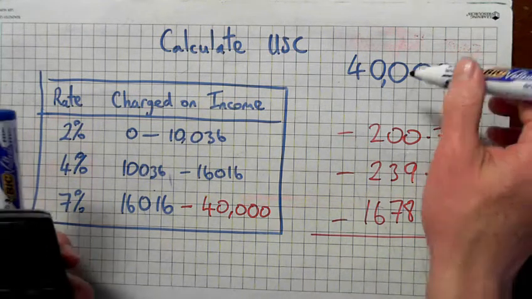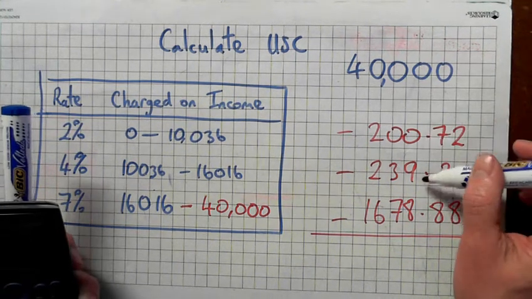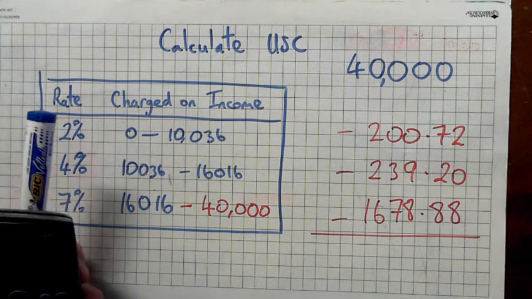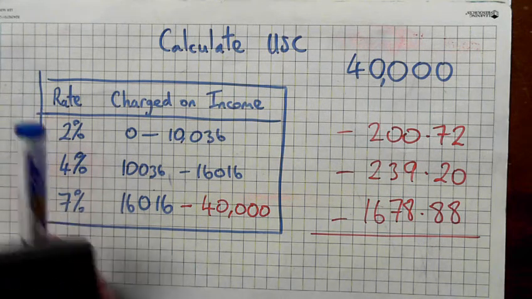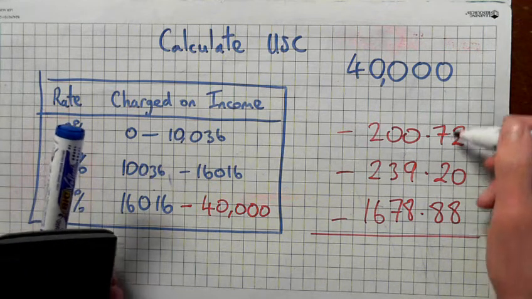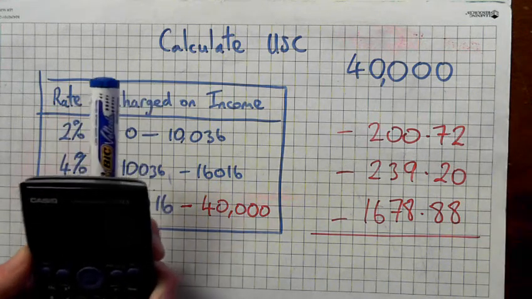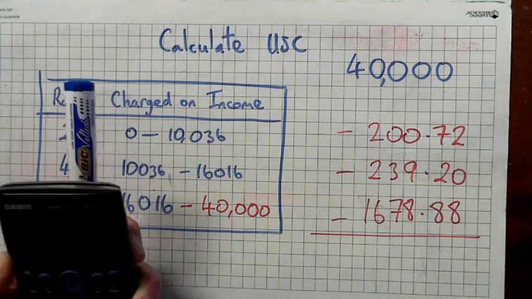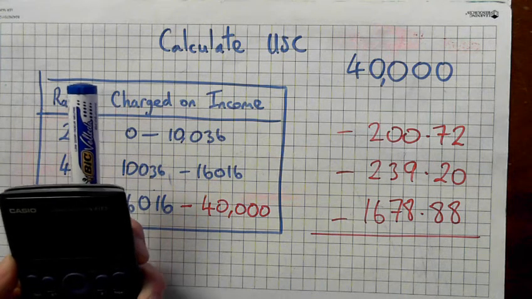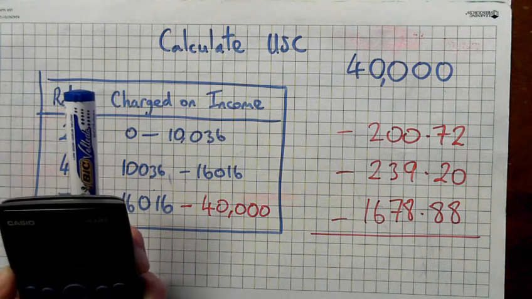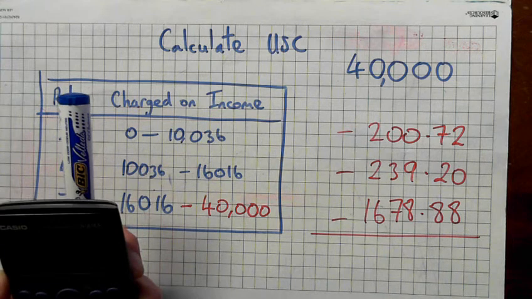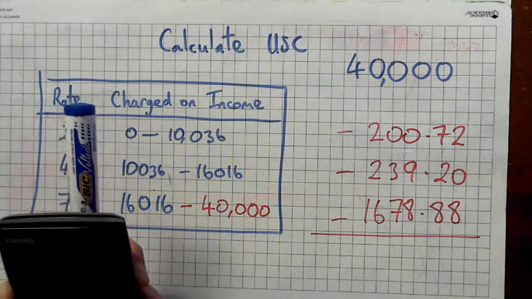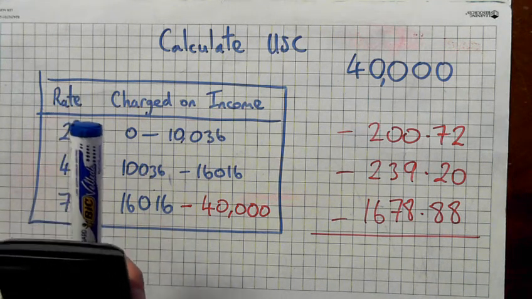Alright, so it's 40,000 minus that, minus that, minus that. Well, I'll add up the red bits to see how much USC that I pay. So 200.72 plus 239.20 plus 1678.88 equals.